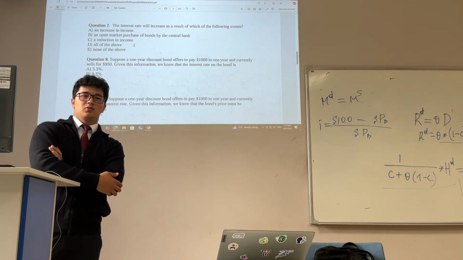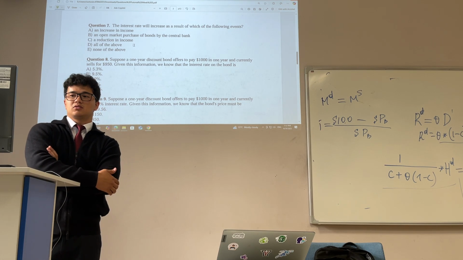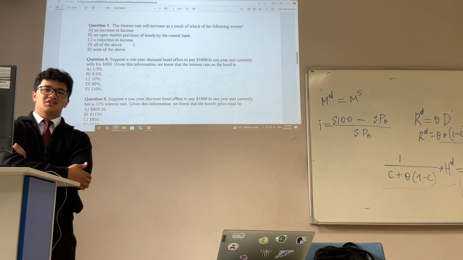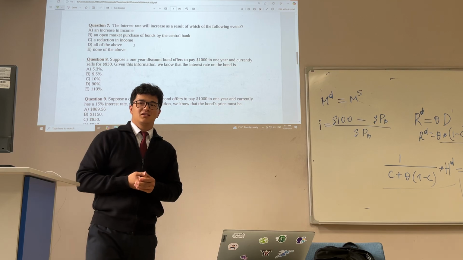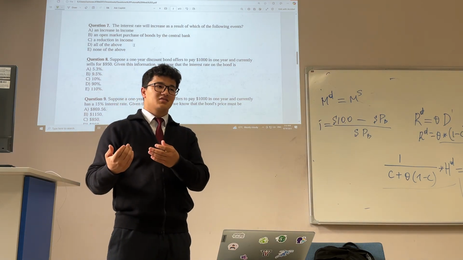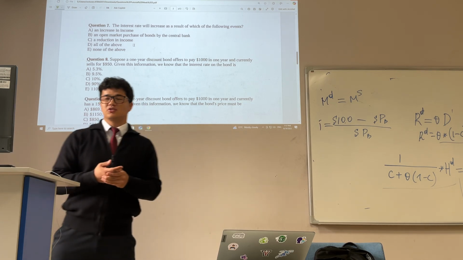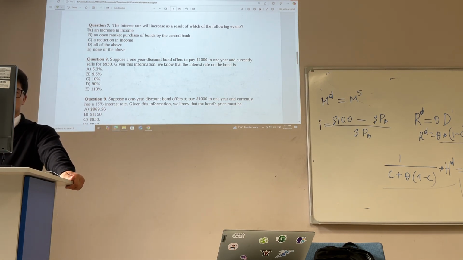And what will happen if they spend more money? Interest rate will decrease. Interest rate will not decrease, it will increase. Because just imagine you have $10,000 and your income increases. Prices will increase, which means that our interest rate is increasing. So the correct answer is A.